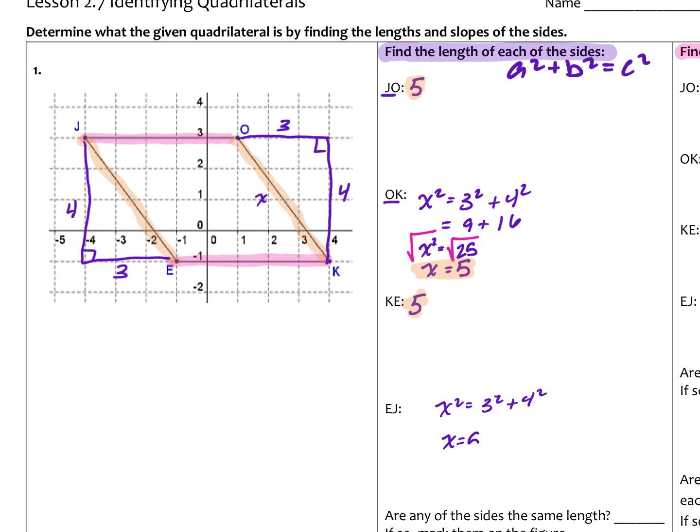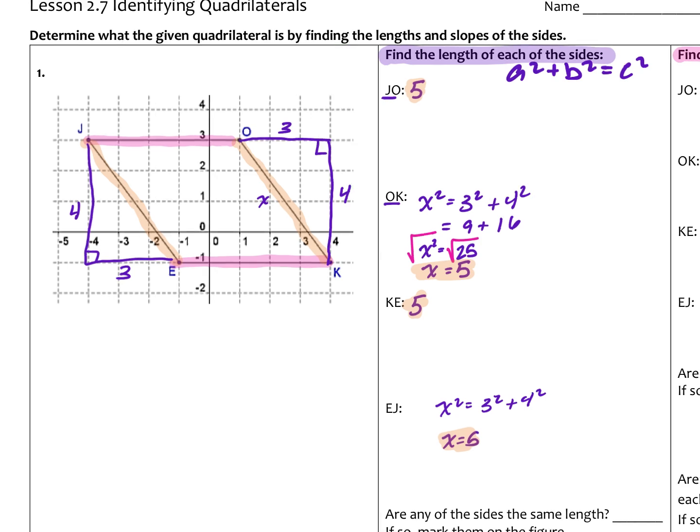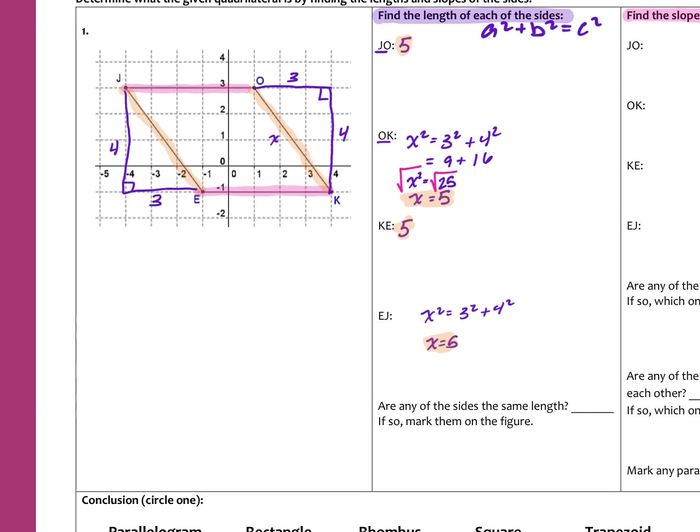5. Awesome. So if we look at the bottom of my little box here, it says, are any of the sides the same length? Yes. If so, mark them on the figure. So how do I mark that the sides are the same on a figure?